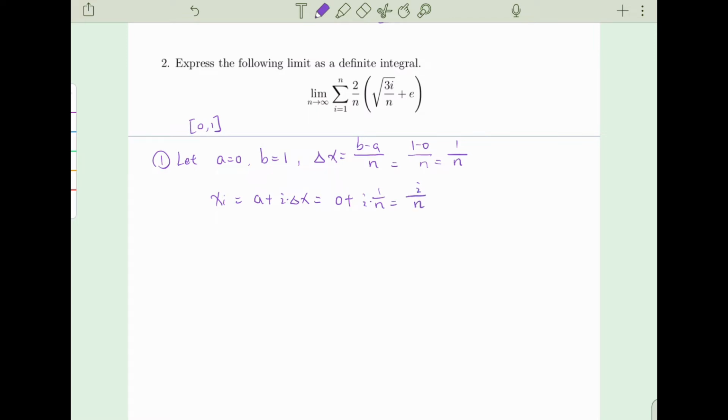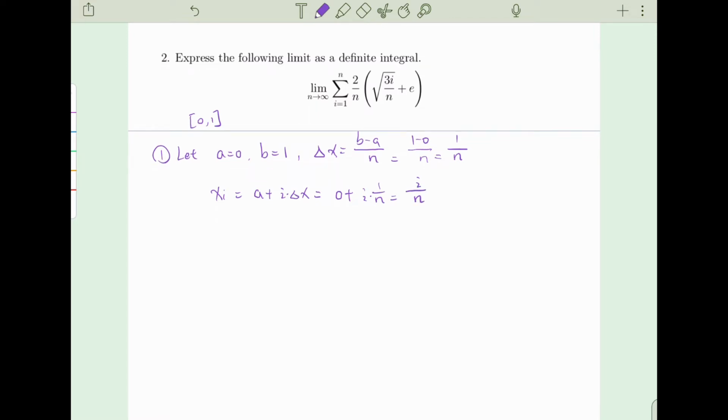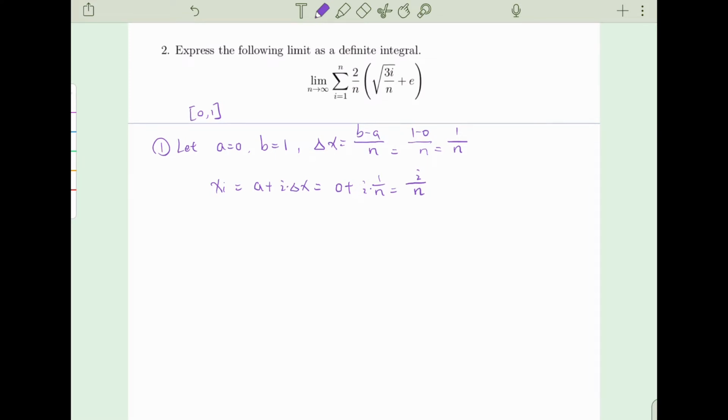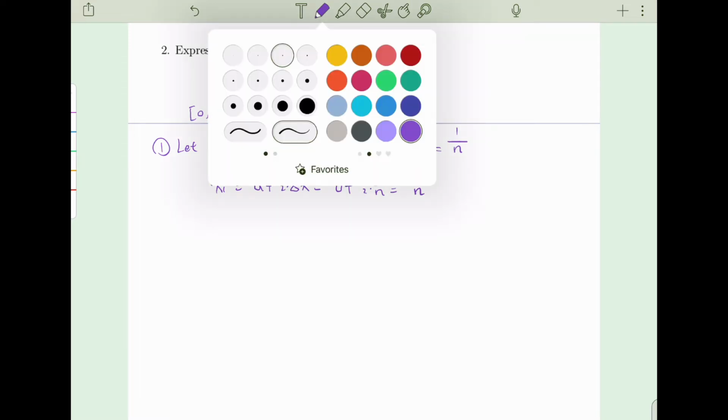How can I think of all this? I don't know, I'm just guessing, because as I said, the way of writing it as a definite integral is not unique. So this is the first way that you can follow and see what you can get from there.